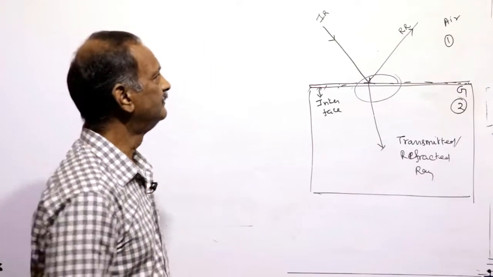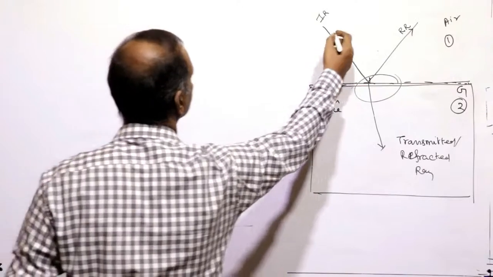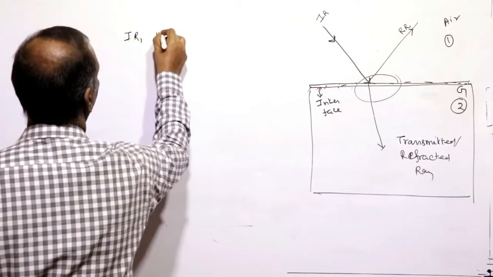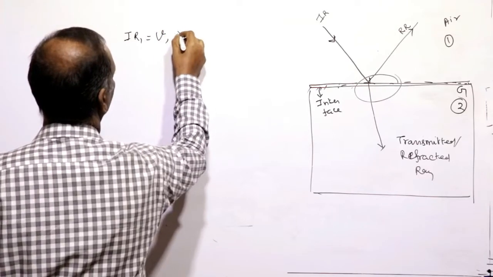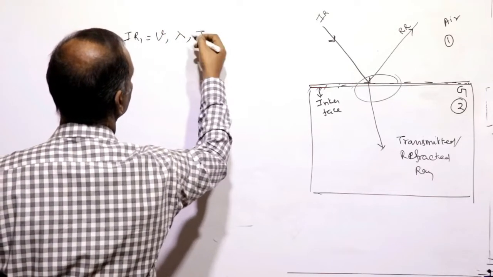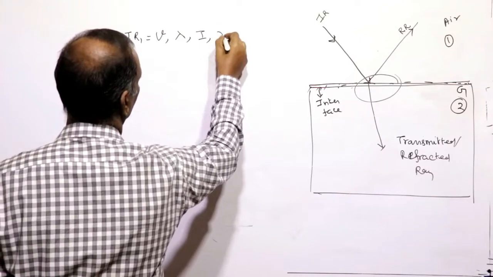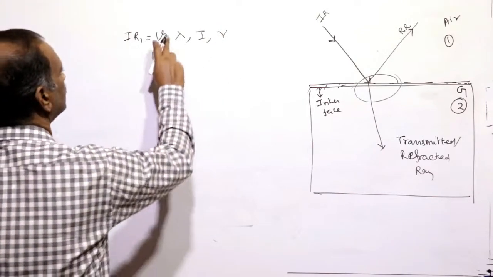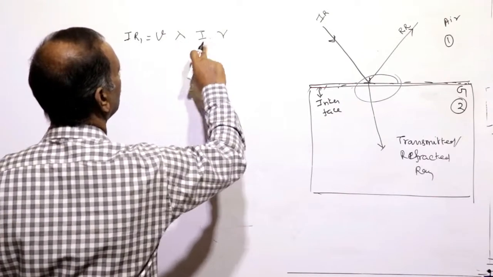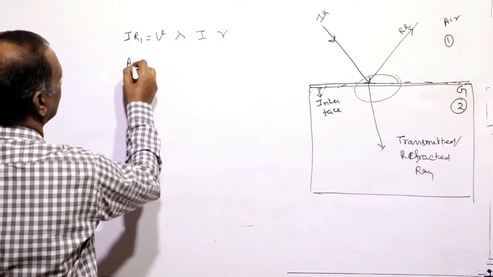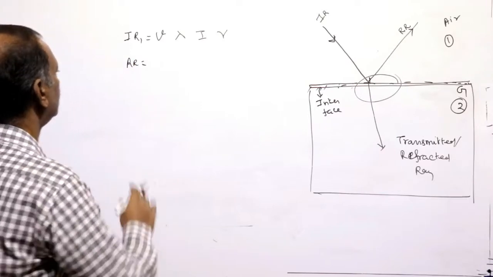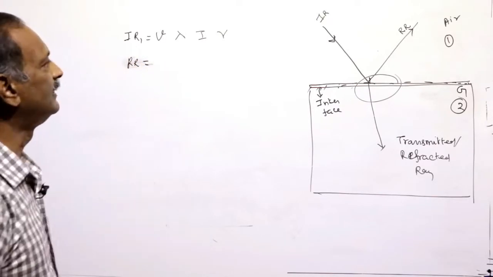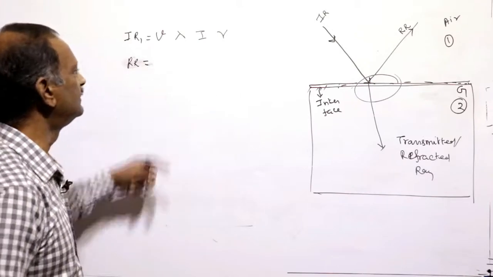Now what happens? The incident ray will have velocity, wavelength, intensity and frequency. We call them V, lambda and nu. Then the reflected ray: what about its velocity?